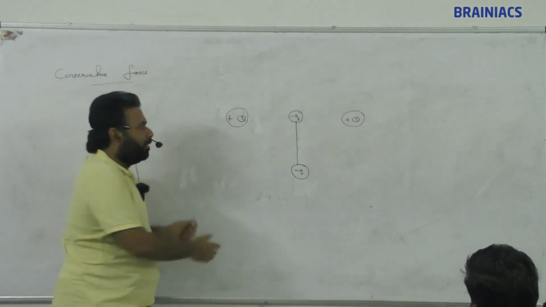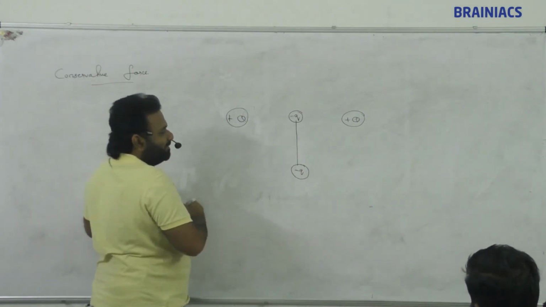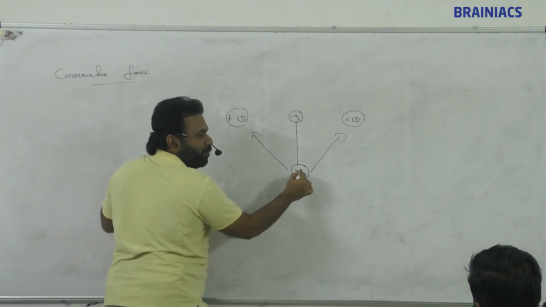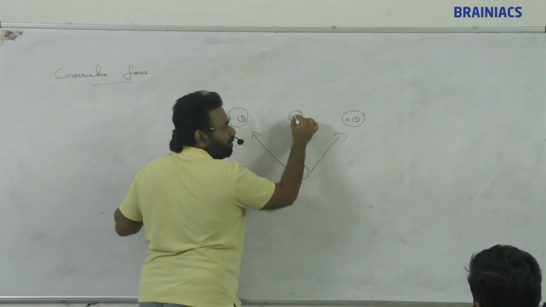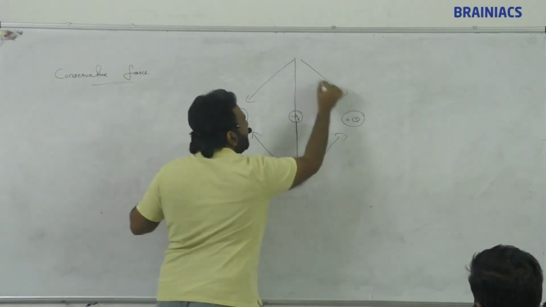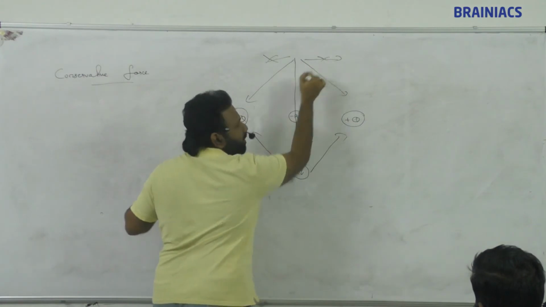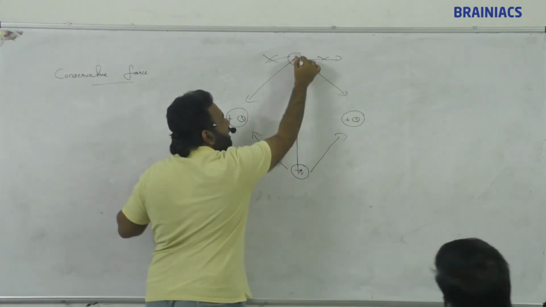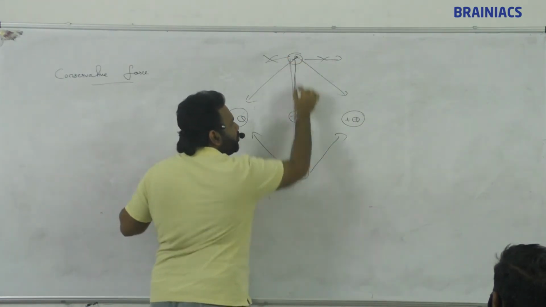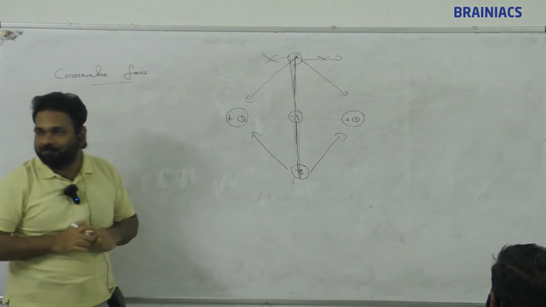If I leave it, what will happen? Both of them will attract. The minus q charge will go here, and because of inertia it will go further. Again they will attract, so these components will cancel out. After reaching here, again it will come back, and again it will go here. Simple harmonic motion.